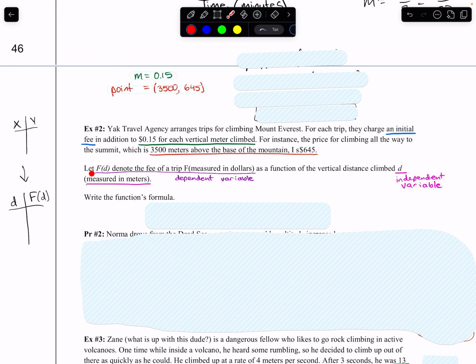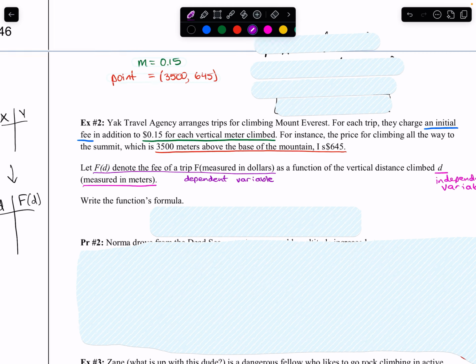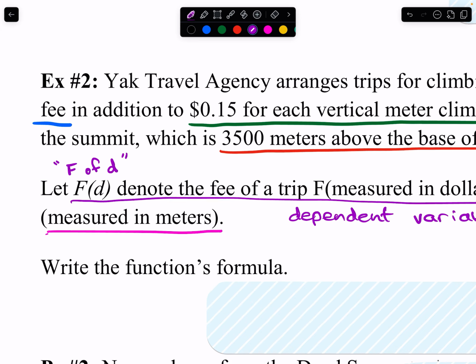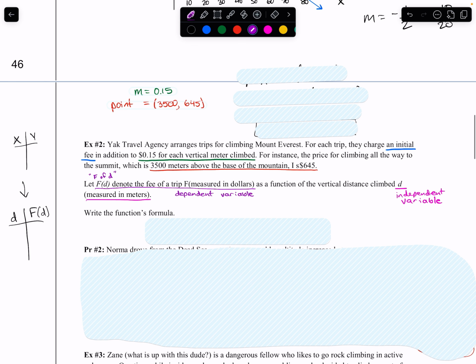Because it also says let f parentheses d. That might be new to you. This may be the first time you've seen this. This is read, let me zoom in, this is read f of d. It's not talking about multiplication here. F is actually the dependent variable.